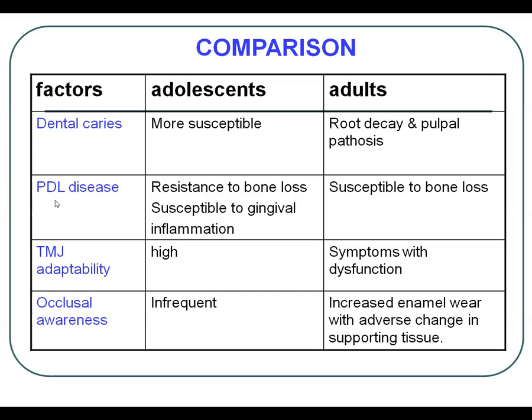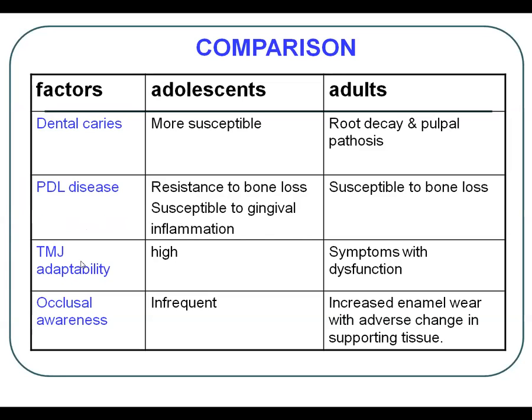Coming to the periodontal diseases, adolescents have resistance to bone loss, but are susceptible to gingival inflammation, whereas adults are susceptible to bone loss, which means there is more bone loss in adults, whereas in adolescents there is more resistance to bone loss.